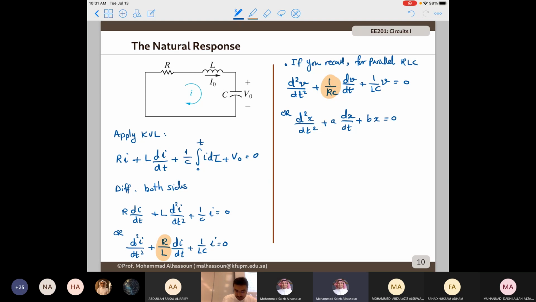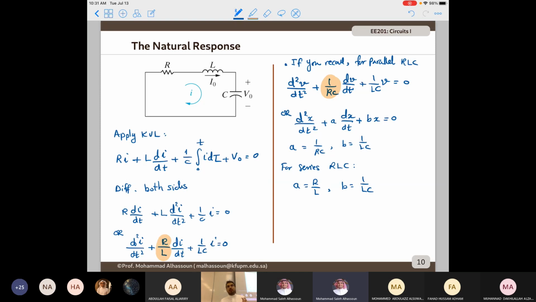Then we know for sure that in this case A is 1 over RC, B is 1 over LC. If we're talking about the series RLC circuit, we have A is actually R divided by L, B is 1 over LC.